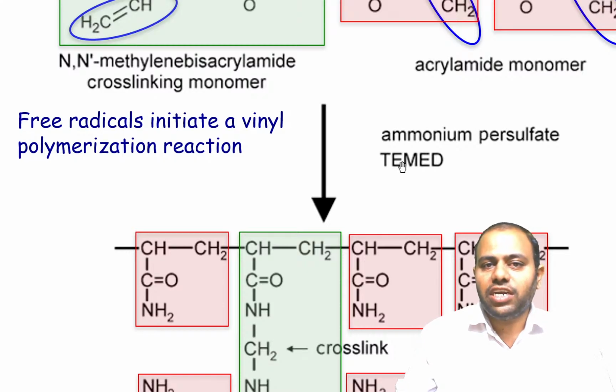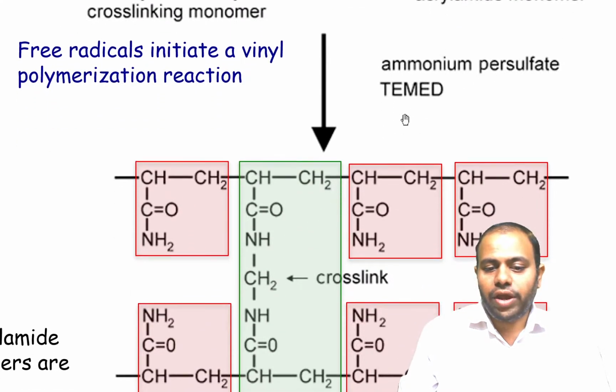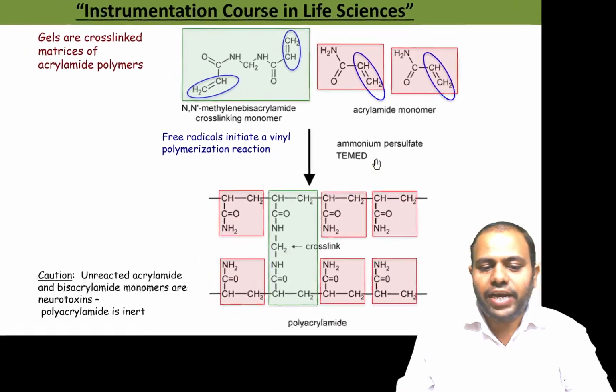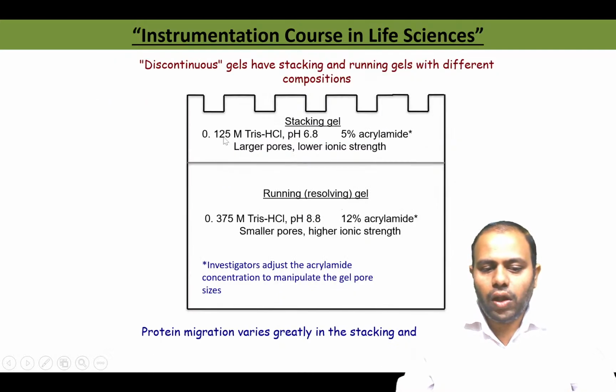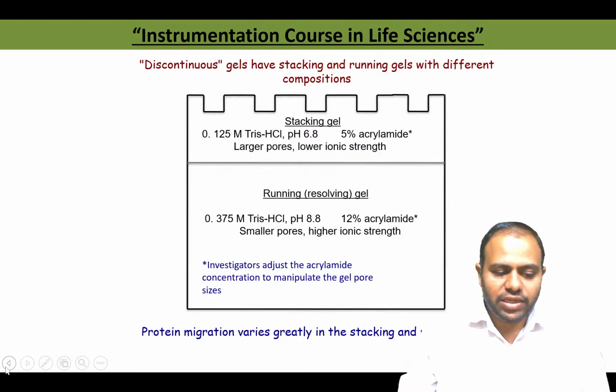Actually, TEMED fastens up the reaction, that is the free radical catalysis provided by ammonium persulfate. It helps us in polymerizing the gel. TEMED makes this process faster, so both of them are added into the gel mix in order to polymerize the gel.